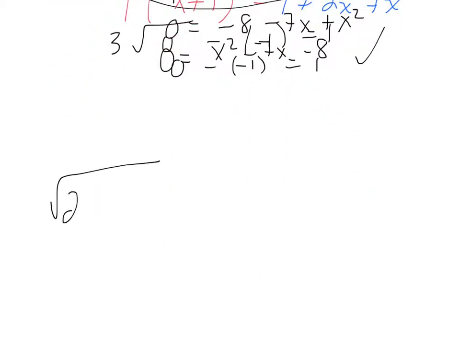Radical 2x minus 2 minus radical x plus 6 equals 1.